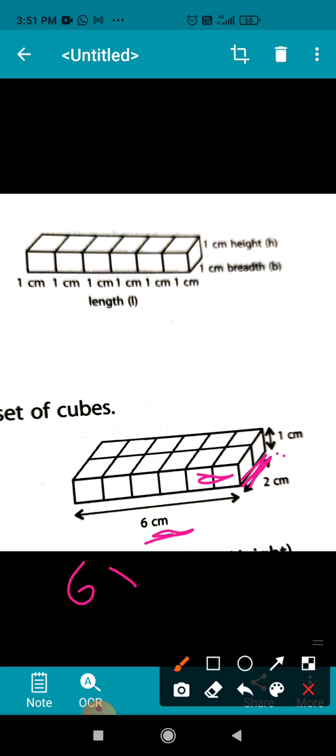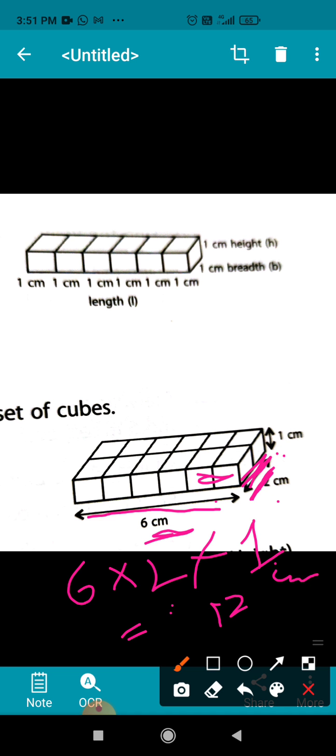The breadth will become 2 centimeter and height is 1 centimeter. Length is not changed and height is not changed, but the breadth is changed because a set of cubes is added next to this figure. So breadth is 2 centimeter and height is 1 centimeter. So the volume will be 6 twos are 12, 1s are 12 cubic centimeter.